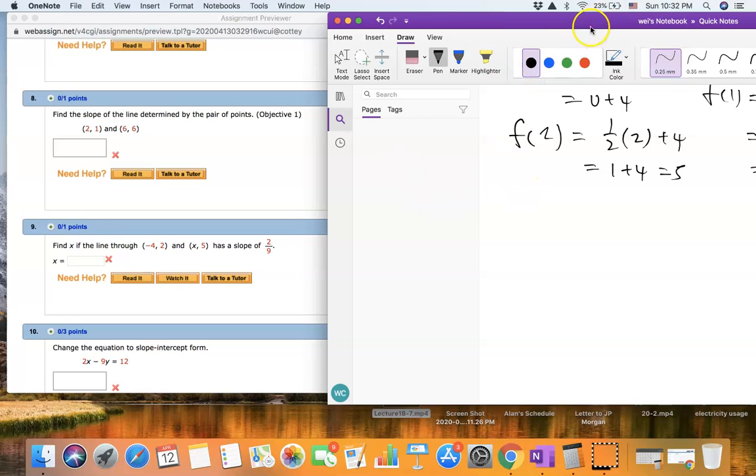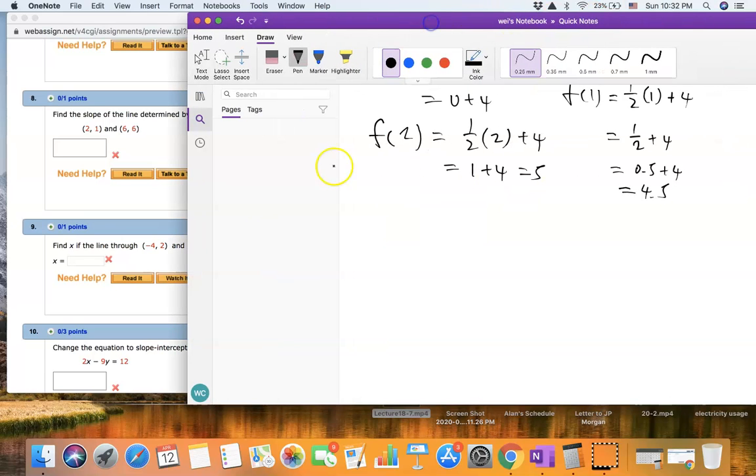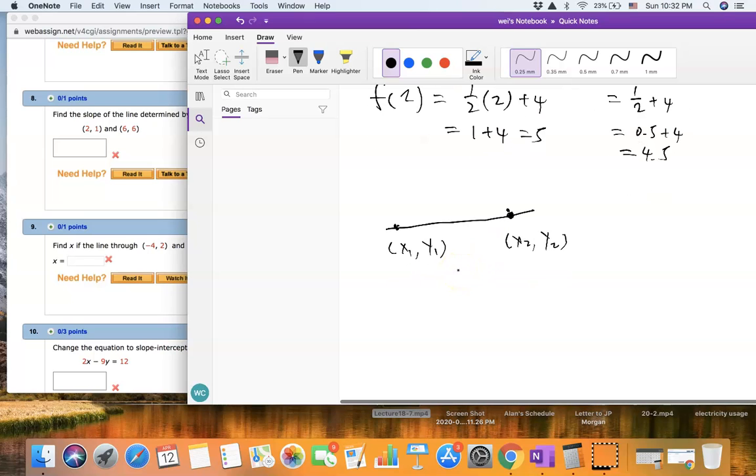So first of all, let's recall the formula of a slope. If we have a straight line that goes through 2 points, then we can find the slope of this straight line by using the coordinates of these 2 points.